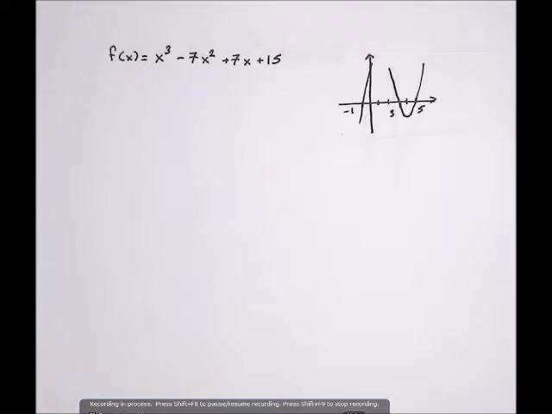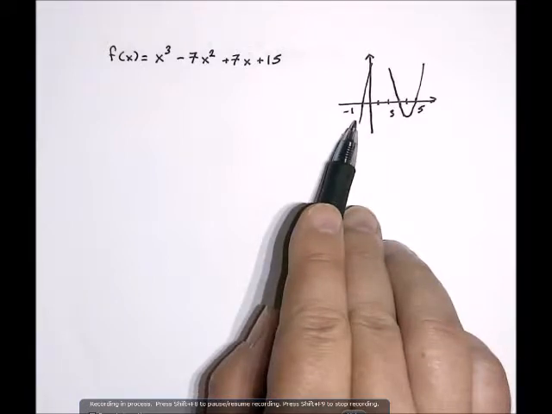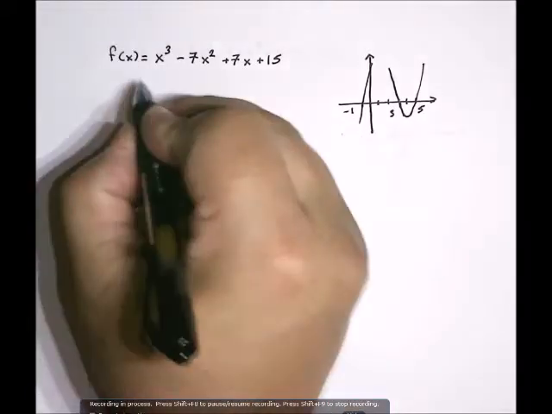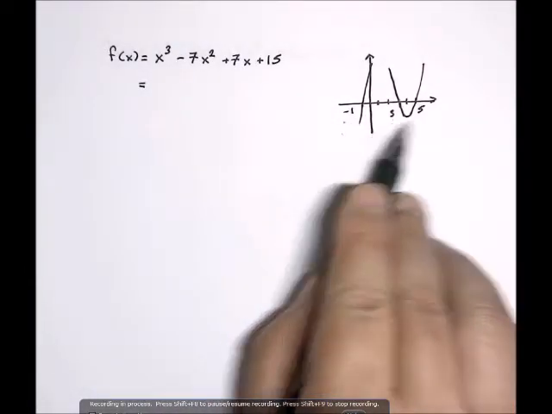The next thing you want to do is go to the table function on your calculator, just hit second function and the graph button, and check out the x values at each of these points to see that the corresponding y value is 0. In this case, it is. So you're done. You know the three zeros are -1, 3, and 5.